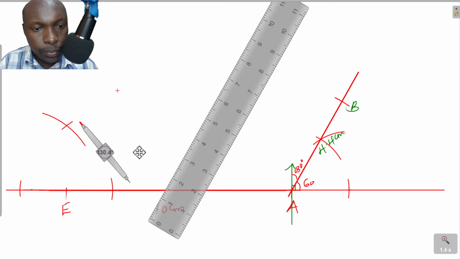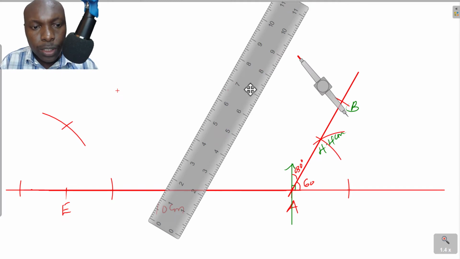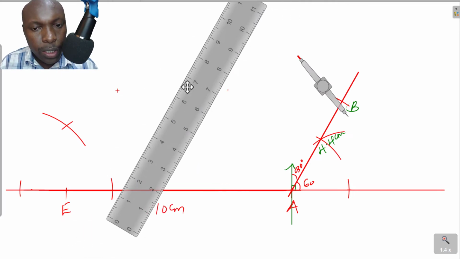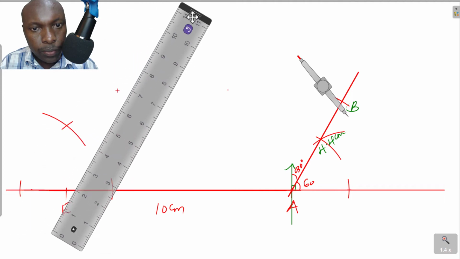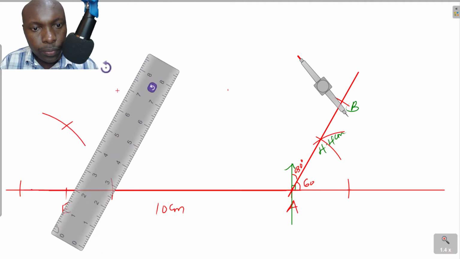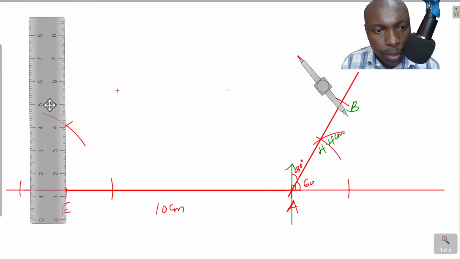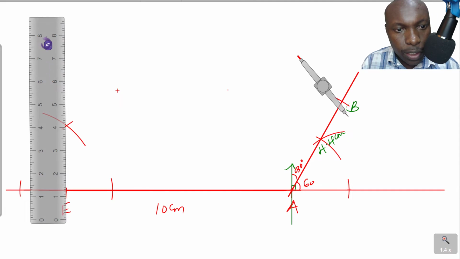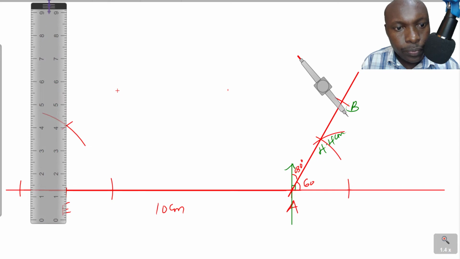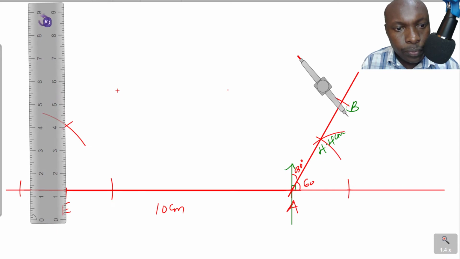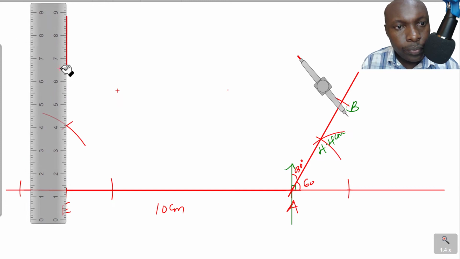Like that. So now you notice that when you join, using a ruler, this point E to the point of intersection of those arcs, that will be 90 degrees.